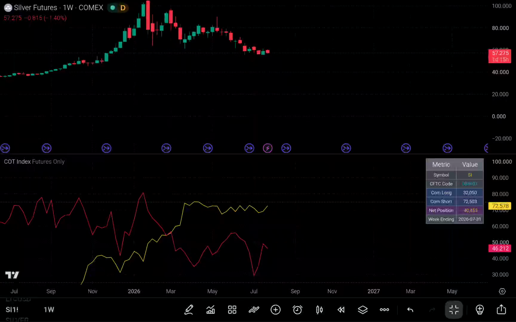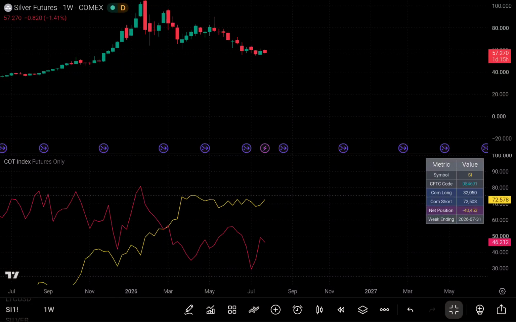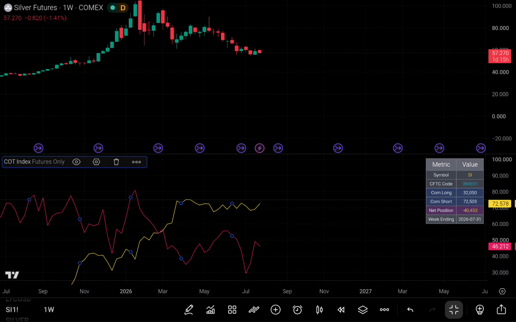They're confident in their position, but retailers are not, as you can see, because it's 46%, so it's not really changing. But if it went all the way down to 25% for retail traders, that means retail traders are panicking so much that they're trying to do everything to get out of the market. Now there's this thing right here, as you can see, it says value, there's symbols, there's commercial shorts, commercial longs, net position.